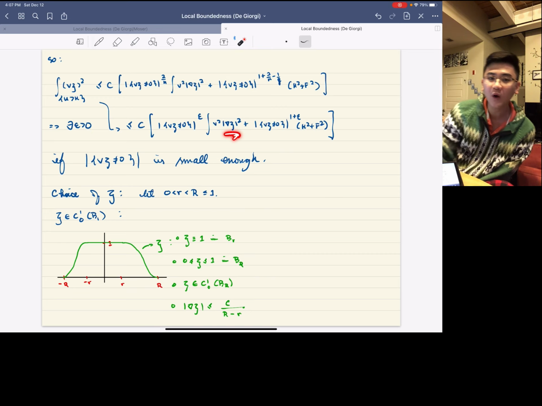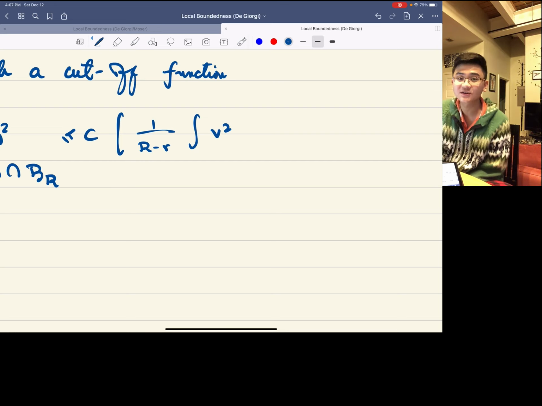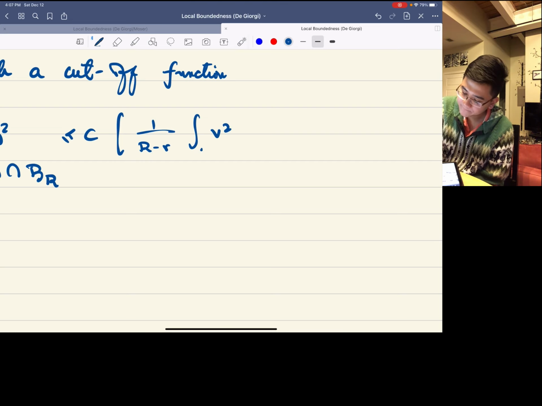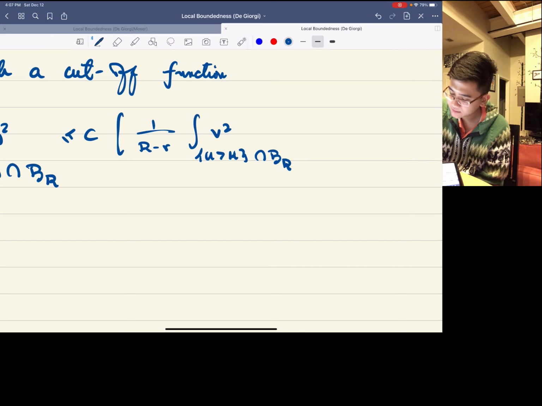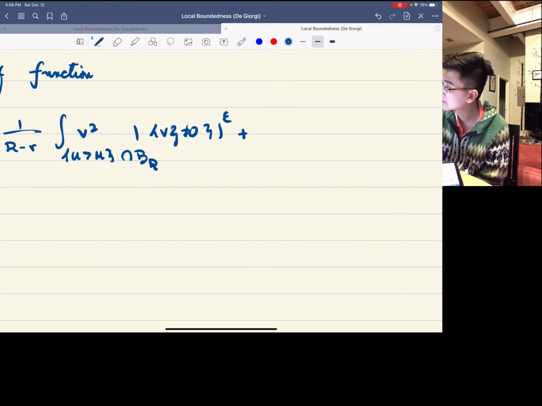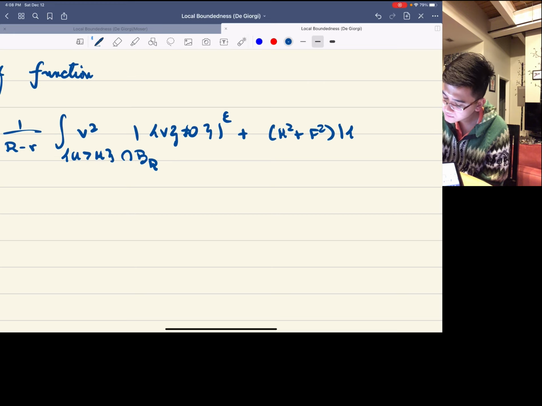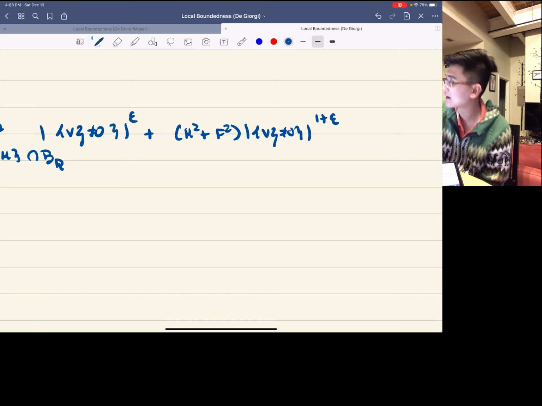So less than or equal to some constant, 1 over (R minus little r), and now we just have v squared, integrated over u greater than k intersect B_R, times v zeta to the power epsilon, plus k squared plus f squared, times v zeta to the power 1 plus epsilon.